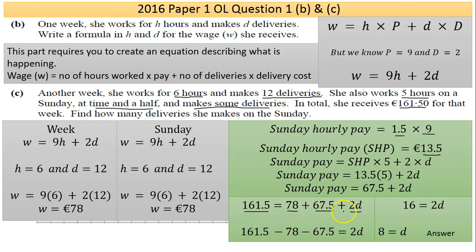So that total amount is an equation of one unknown. If I bring the 78 across and the 67.5 across, they were both added on the right, going across the equals they become the opposite operators, they become subtracted. So you end up with a sum. If I take away 78 and 67.5 from 161.5, I end up with 2 times D.